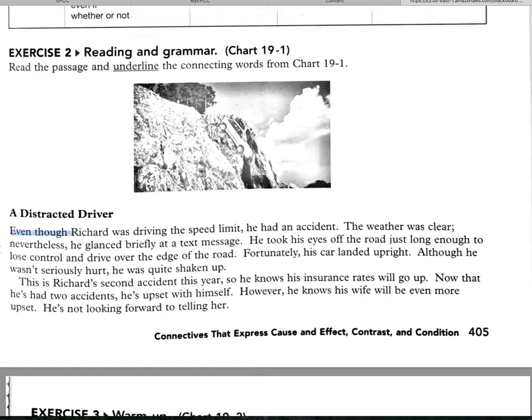The second line. Nevertheless, he glanced briefly at a text message. He took his eyes off the road just long enough to. Now, keep in mind that this is a semicolon, which is just as good as a period, but if we use a semicolon, we don't capitalize the next word, the next transition.